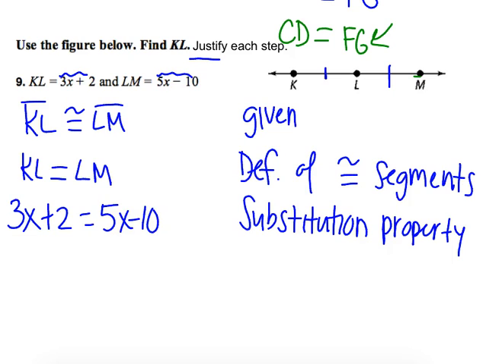Now we just have a normal algebraic problem. So I want to get all my x's to one side and my constants to the other. So I'm going to bring over my 5x by subtracting. So 3x minus 5x is negative 2x plus 2 equals negative 10. Subtraction property of equality.